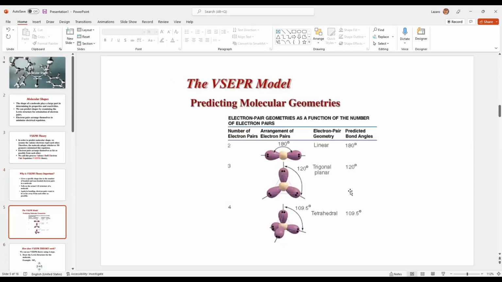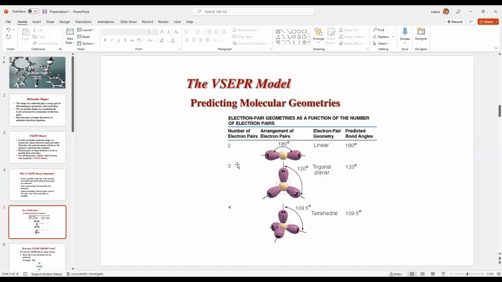Let's see, for example, if you have two electron pairs, well, they try to be as far as possible, and the angle is 180 degrees. So the electron pair geometry is linear.